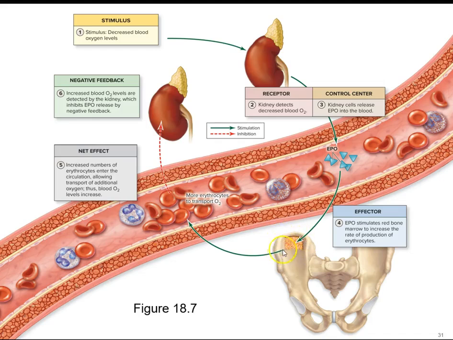And that's going to make a bunch of those myeloid stem cells become erythrocytes. So you're going to get an increase in red blood cells throughout the blood, and therefore an increase in hemoglobin and an increase in oxygen carrying capacity. That is going to increase blood oxygen levels. The kidney senses that increase in blood oxygen levels and tells its cells to stop secreting EPO. And remember, that's a negative feedback mechanism.